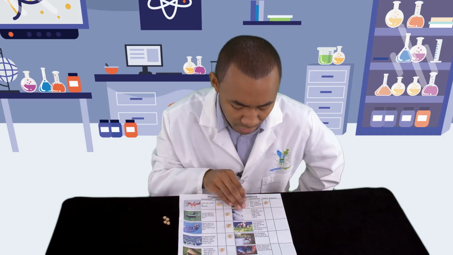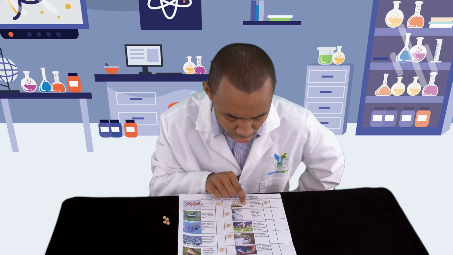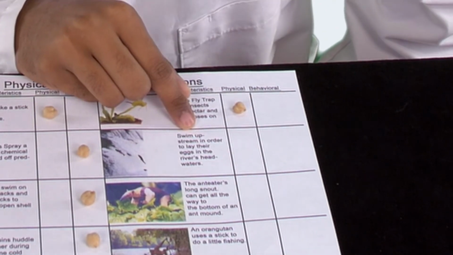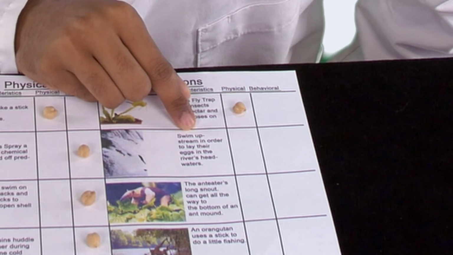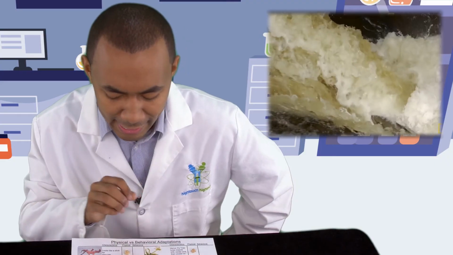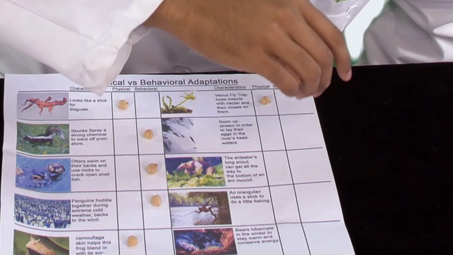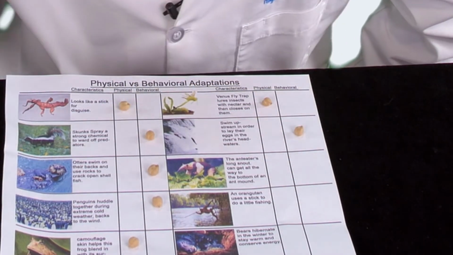All right, so next we look at the picture of the fish, and it writes here that they swim upstream in order to lay eggs in the river bed or the river's headwaters, okay? And well, are they born swimming upstream? It's something that they have to learn, something that they have to do, and hence that would be a behavioral adaptation.